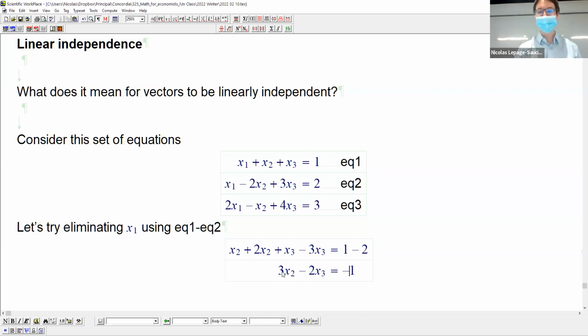All right, so this is what we get if we do this. So let's try using equation 3 and 2. What we could do is we have 2x1. So if I subtract minus 2 times this equation, I should be good.